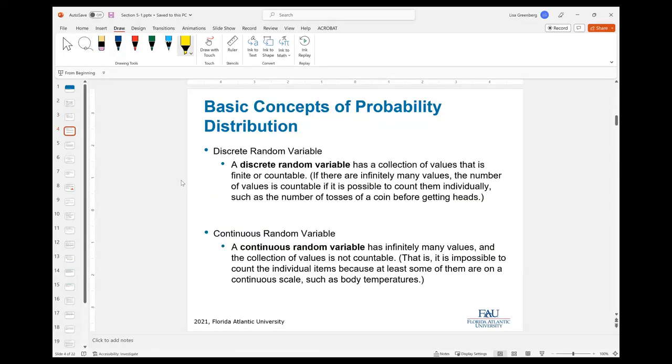Let's talk about the difference between discrete and continuous. These are the important words here. Let's say, for example, I have a discrete random variable. What does discrete mean? It means that I can actually count them.